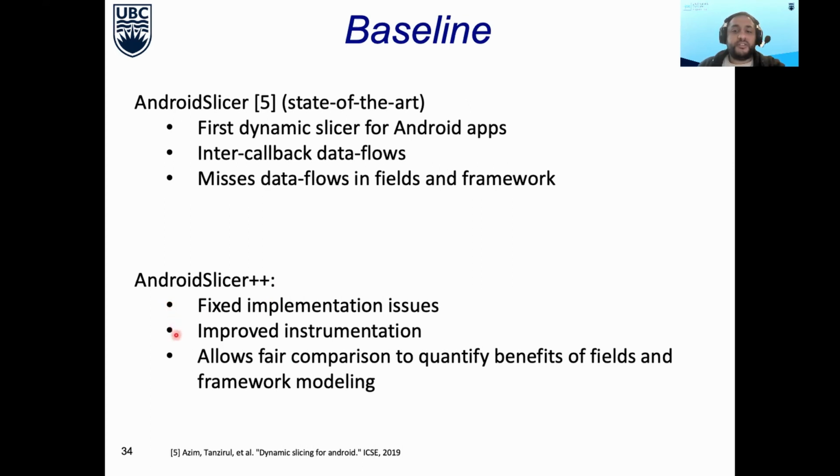We also made the instrumentation on par with Mandoline, and that's to allow fair comparison to Mandoline and to highlight the benefits of field data flows and framework modeling. We contribute AndroidSlicer++ by making it publicly available. We compare Mandoline to both AndroidSlicer and AndroidSlicer++.